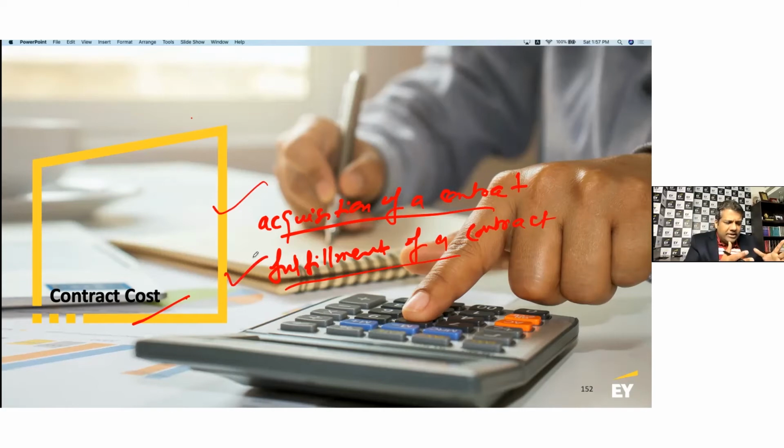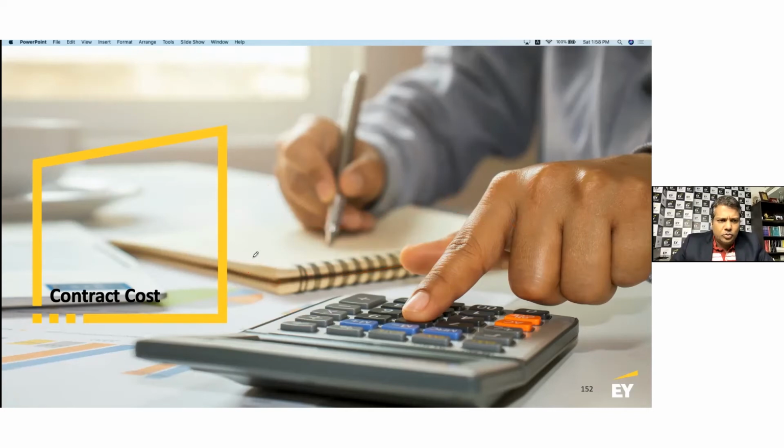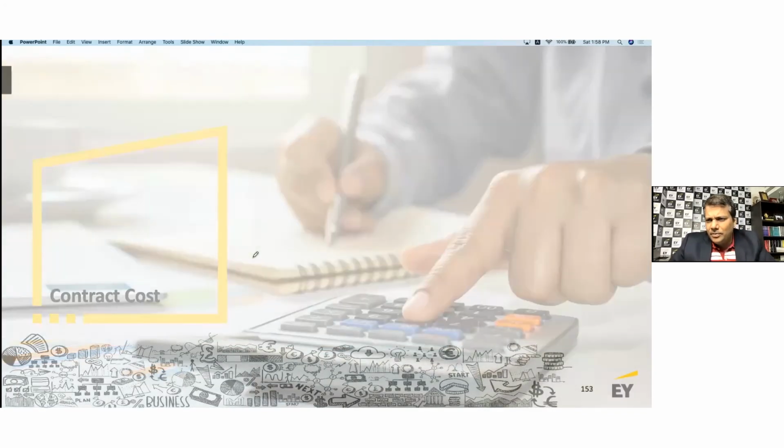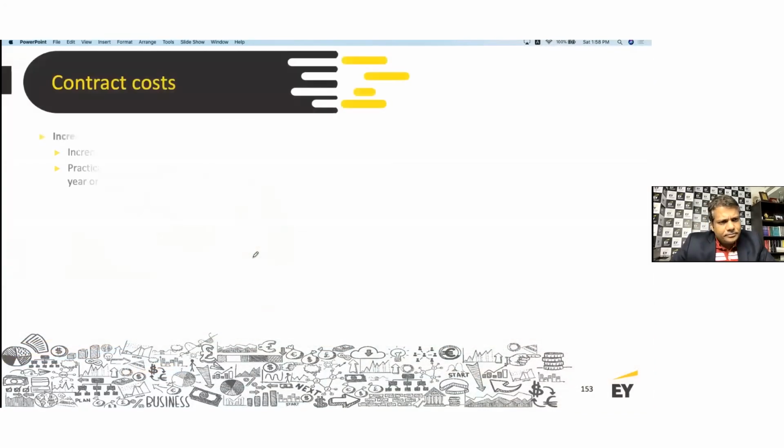So now let's assume that you started incurring cost and there is no transfer of control. That means there's no revenue, but there is a cost. So again, the standard permits you to capitalize those costs as well, in the intermediate period, to be amortized over the contract period, right? So we will try and understand both these nuances in a little bit more detail.